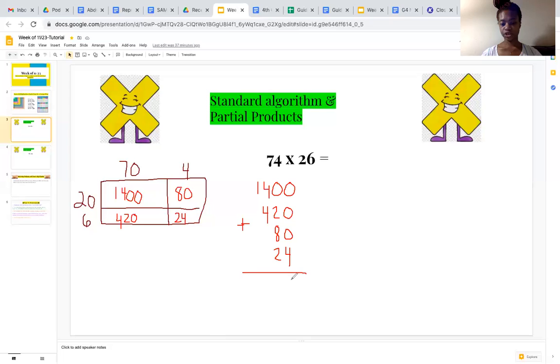Right, so once these partial products are added, we get 10, 12, we're going to regroup. We have 9, and finally 1. So we have 1,924.